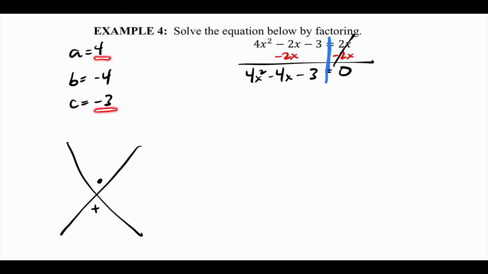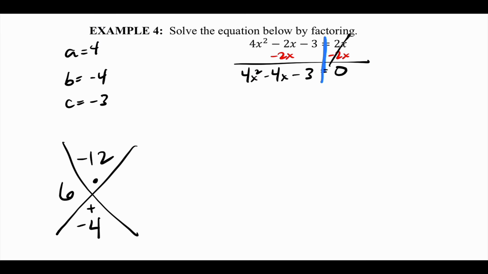So A times C, -12. B goes on the bottom. What are the two numbers that multiply to be -12, but when you add them together make -4? I think it's going to be 6 and 2, right? But I need a negative, because when I add them, they got to be -4, so that means negative.